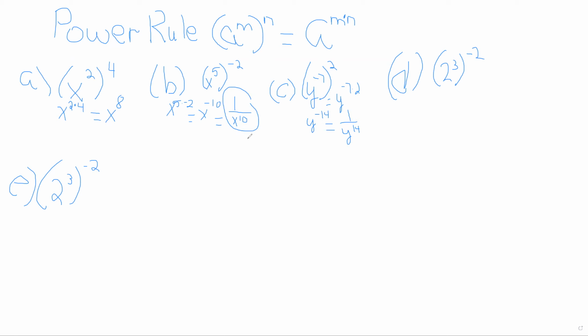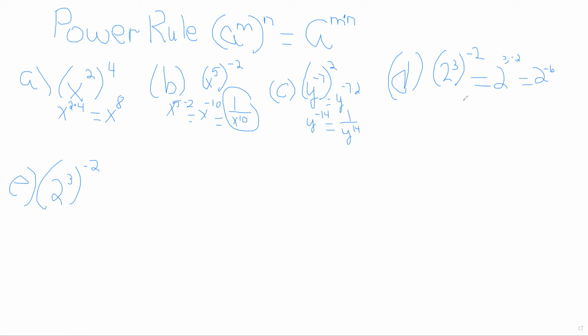And D model. D model simply shows us 2 to the 3rd raised to the negative 2. And right away, what do we know? We know that 3 times negative 2. So we simply have 2 raised to 3 times negative 2. And that result will be 2 to the negative 6.